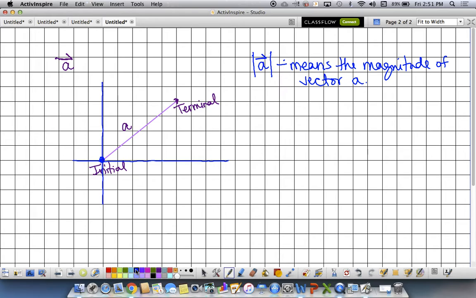It's where they're always going to be. So if I wanted to find the length from the initial point all the way to the terminal point, what might I do to find the length or the magnitude of the line?